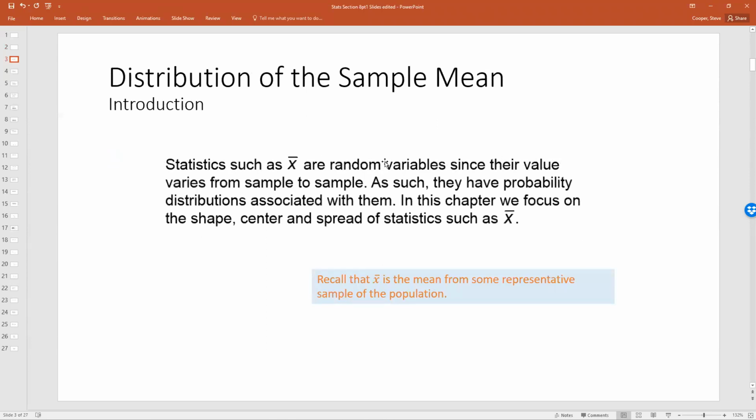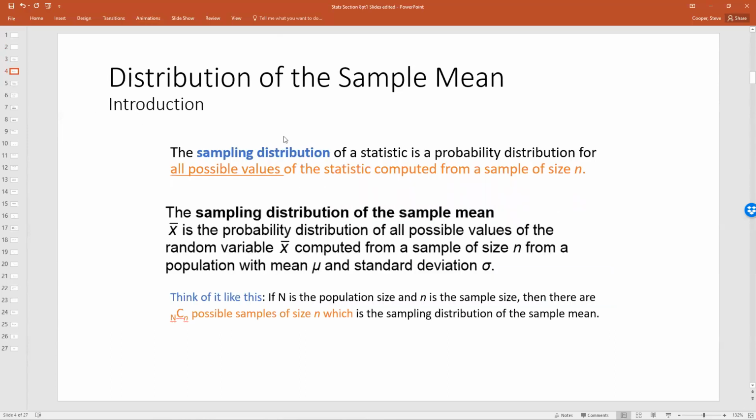Okay, so X bar is just a sample mean. If we took 10 people and measured their height and then averaged their height, that would be the mean for that sample. So X bar is just a sample mean.